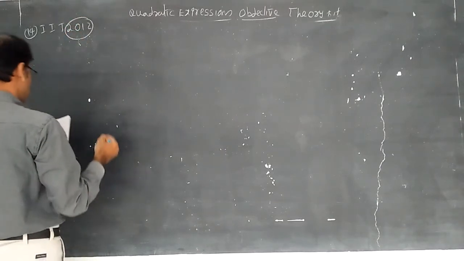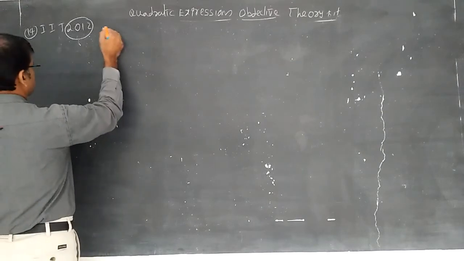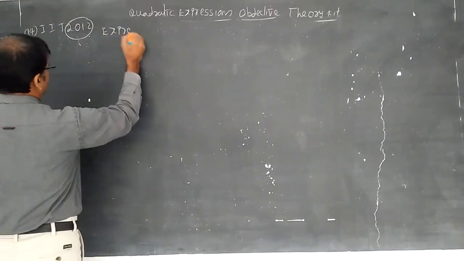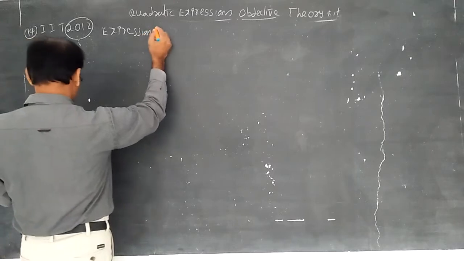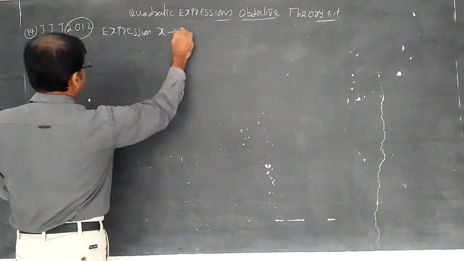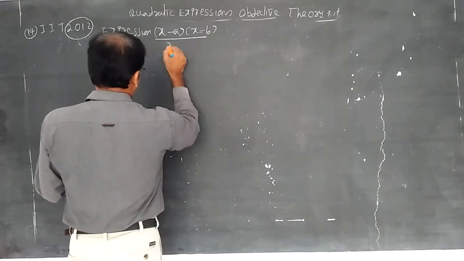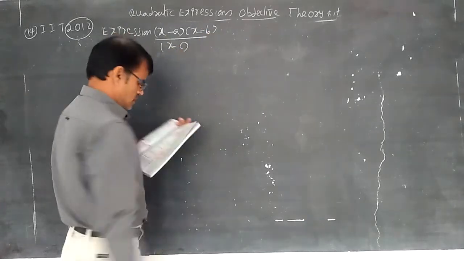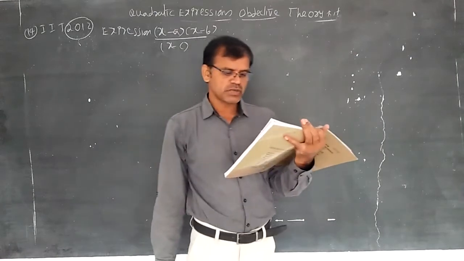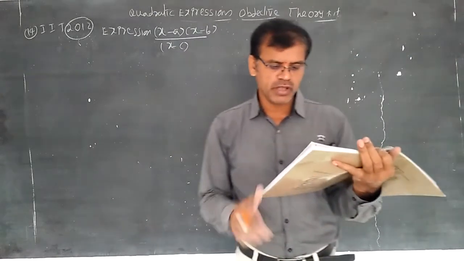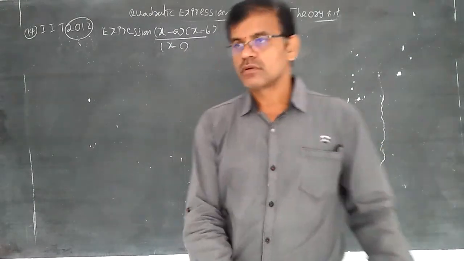For some real x, the expression x minus a into x minus b by x minus c will assume real values provided.